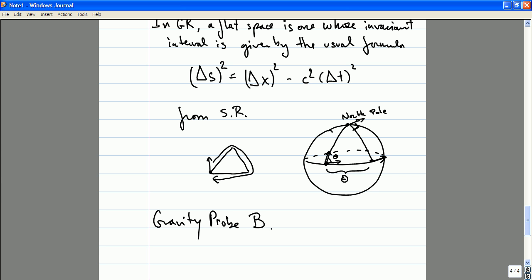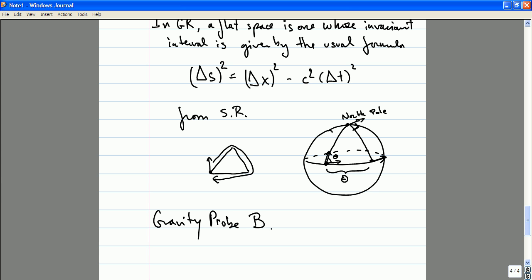Okay, what is a geodesic? It's an orbit around the Earth, of course. And they measured the amount of precession of this gyroscope. And they verified all sorts of interesting features of general relativity. So, for example, the curvature analog of the sum of the angles being 180 degrees is very easy to verify experimentally.